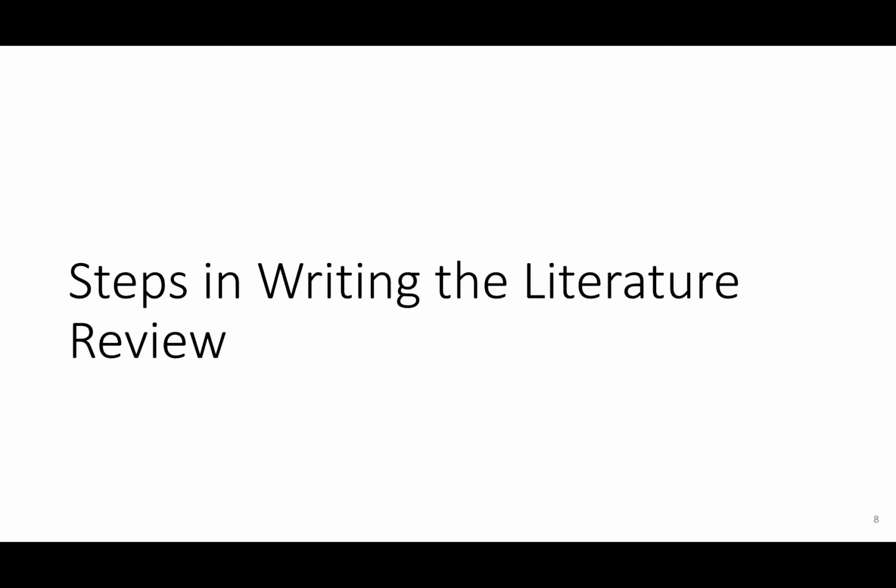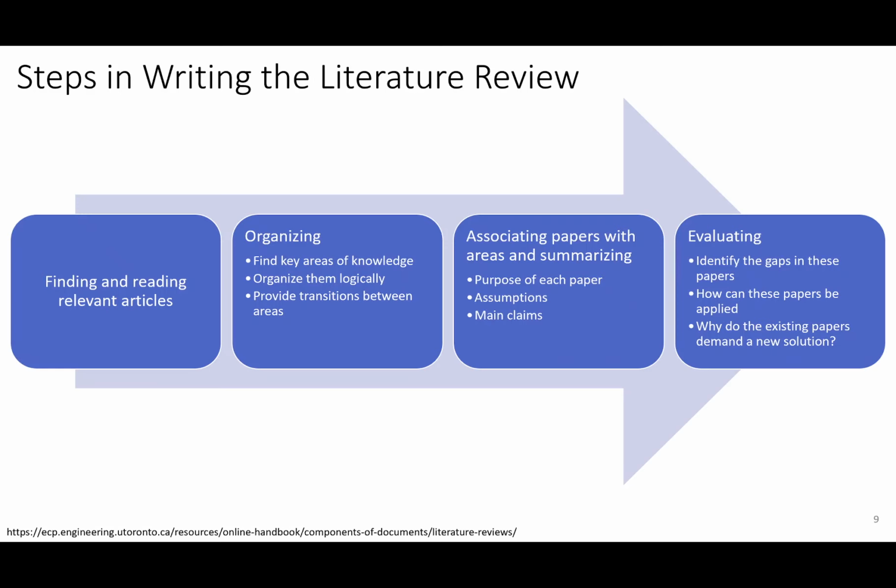Then when we think about the steps in writing the literature search, first of all we know that we have to find and read relevant articles. Then we have to organize what we have read, finding key areas of knowledge, key themes under which you have to gather these articles and organize them logically and provide transition between these areas.